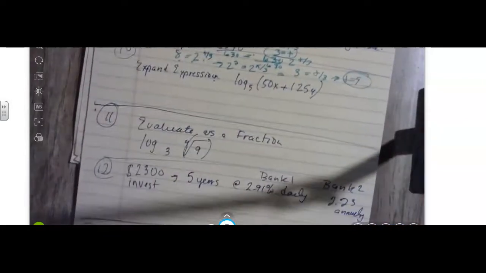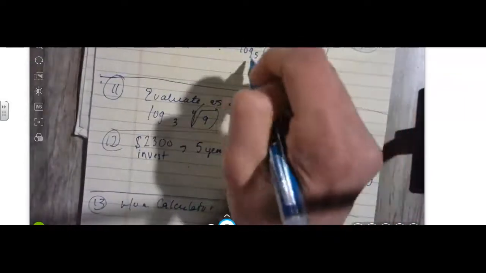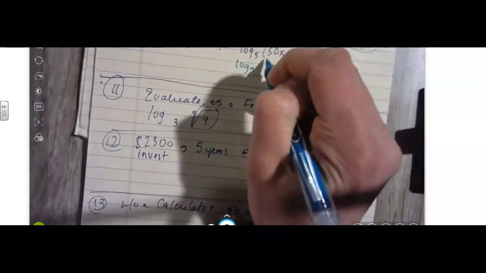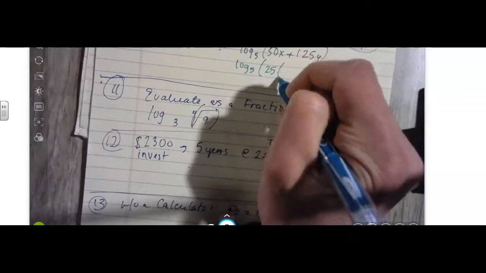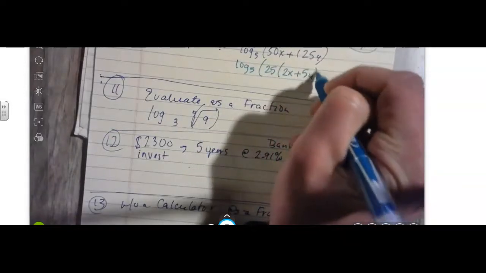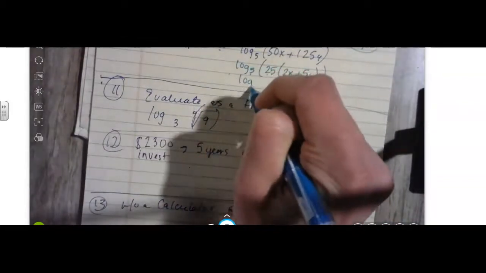Now this is the one you want to express out. In this case, you want to take out a common factor. That's how you can simplify it. So it's going to be log, and you take out 25. It's going to be 25 times 2x plus 5y. Because log of 5 to the 25, I can write that using the same base.